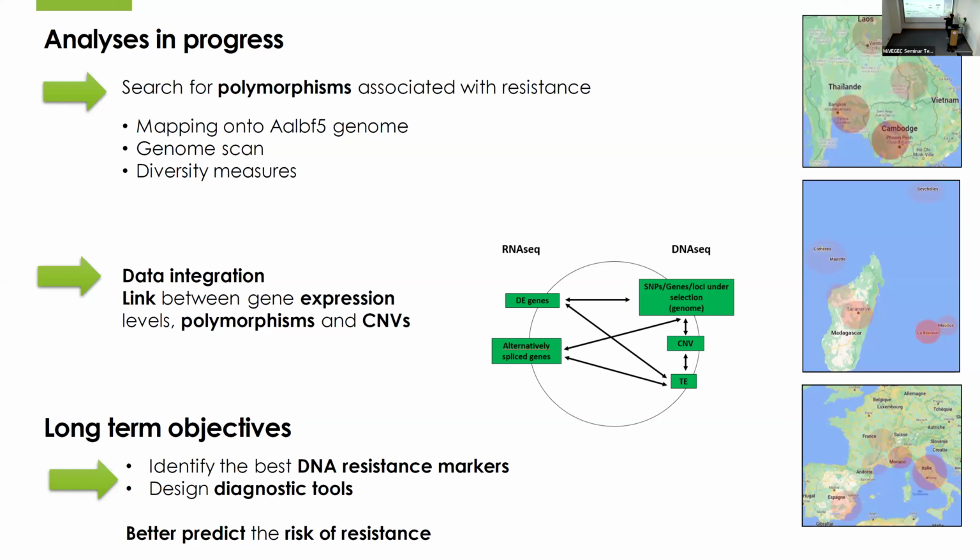The next step is then to make a link between all the different types of information that we have. And the long-term objective of my work is to identify in each different region which are the best DNA resistance markers, to design diagnostic tools to detect them in the natural populations, to better predict the risk of resistance and manage it.